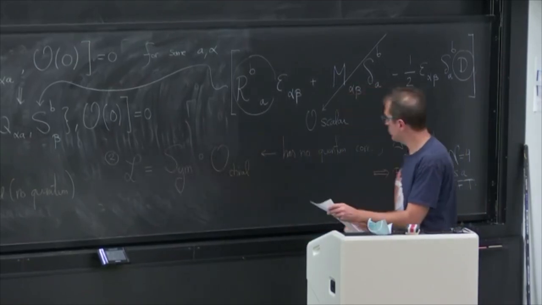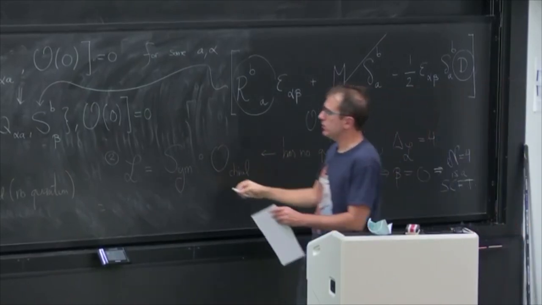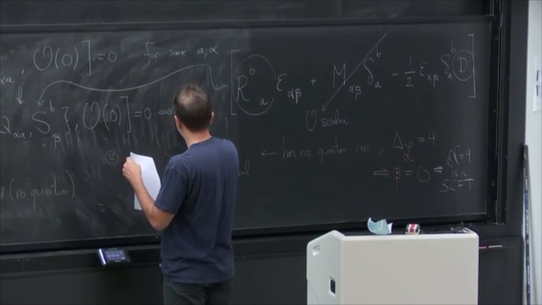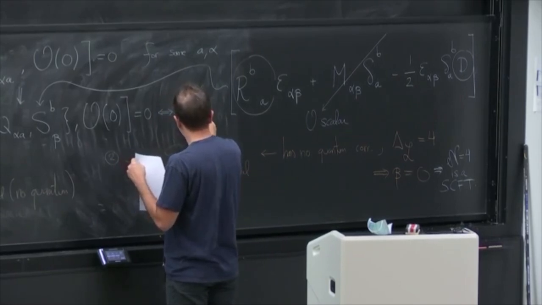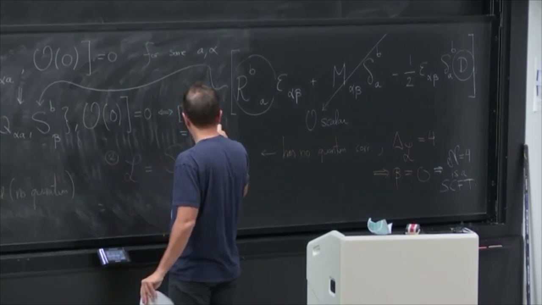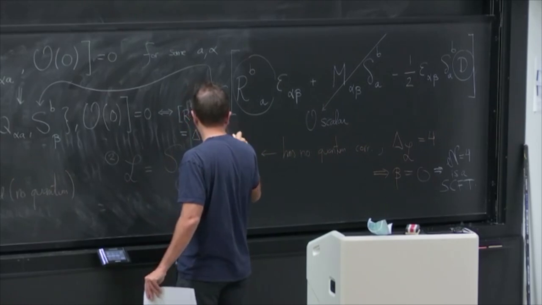And so we get that this condition is equivalent to the condition that the commutator of R BA with O is equal to delta times O times delta BA.